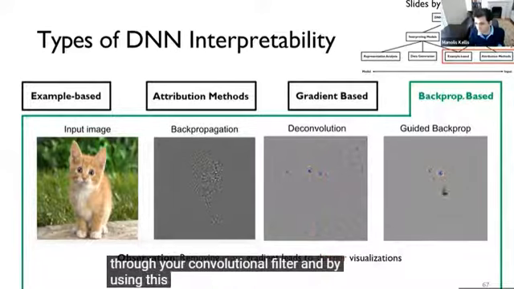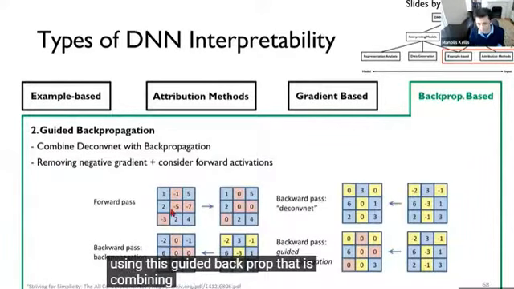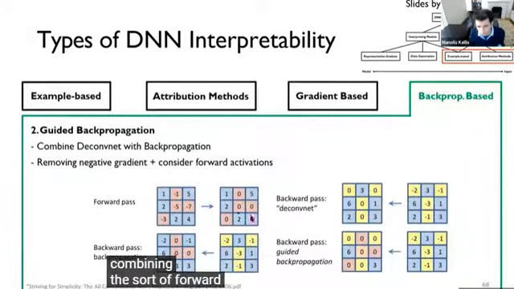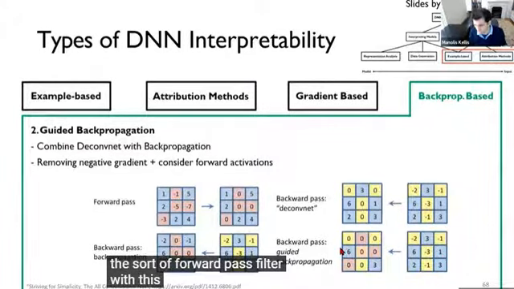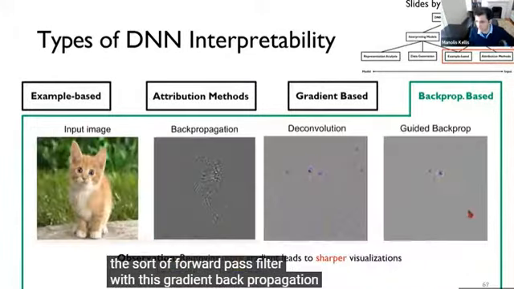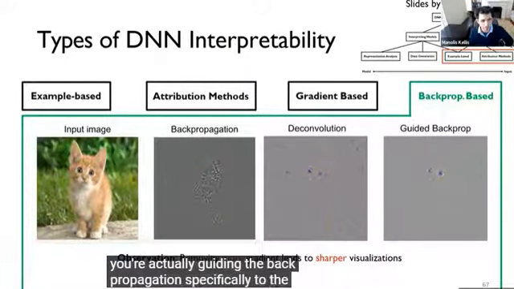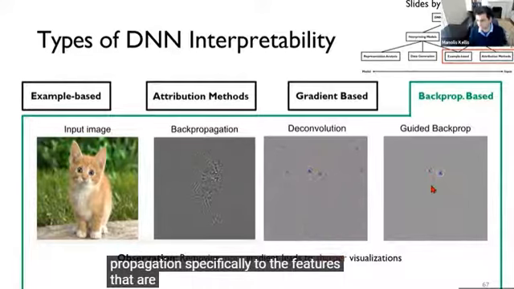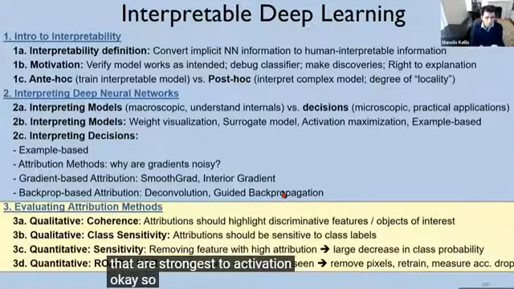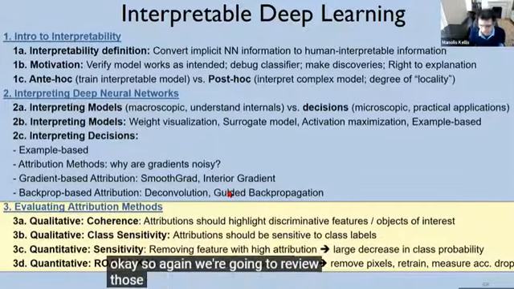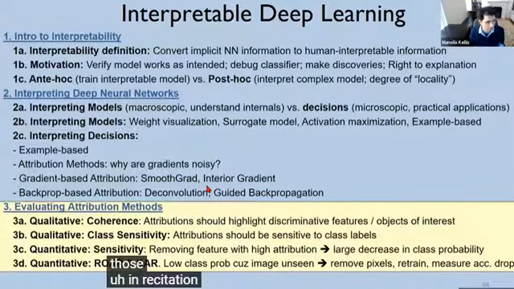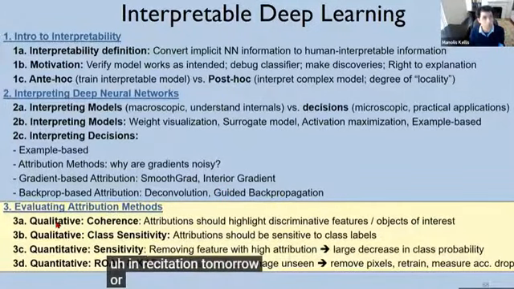And by using this guided backprop, which combines the forward pass filter with this gradient backpropagation, you're guiding the backpropagation specifically to the features that are strongest to activation. Okay. So again, we're going to review those in recitation tomorrow or Friday.